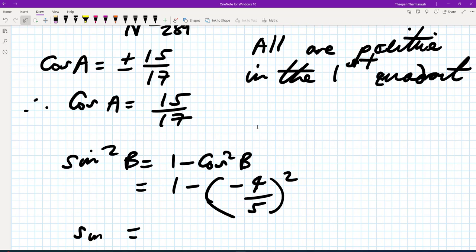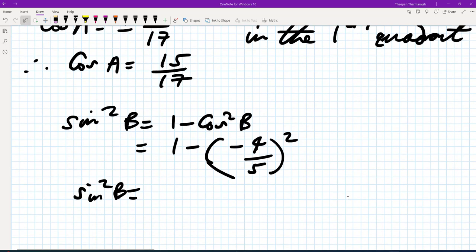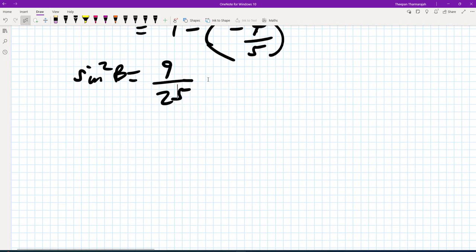So that works out to be 9 over 25. So when we take the square root of that, it's got to be plus or minus.